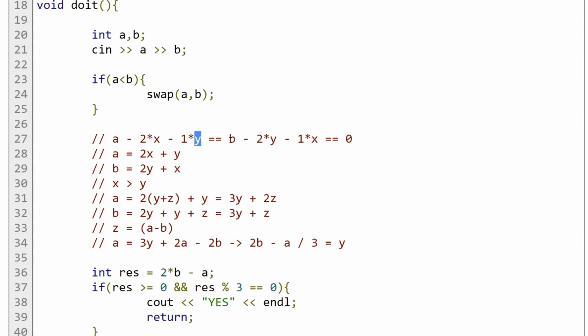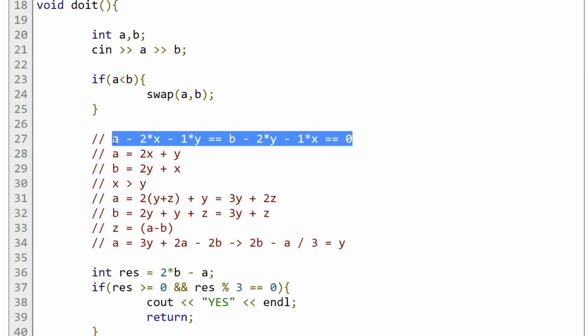And for B, this will be equal to the value of the second pile when we remove 2 coins, which happens in the first move, and 1 coin, which happens in the second move. And both piles will need to reach 0. So this is the equation that needs to be true for us to be able to reach both piles being empty.